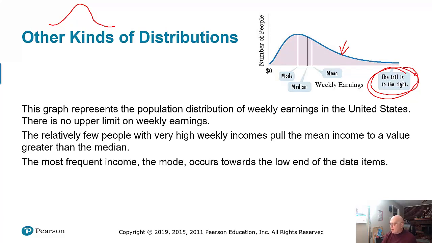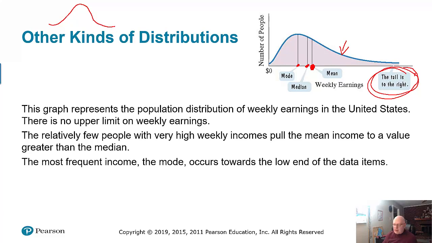Because you've got a lot of values back here to the left, it pulls the mode to the left and it pulls the median to the left. And they're always in this order. The mean is sort of the starting point. If you're moving away from it and the three aren't in a normal distribution, the next one you run into is the median, and furthest away is the mode.